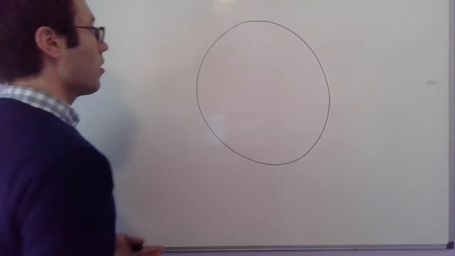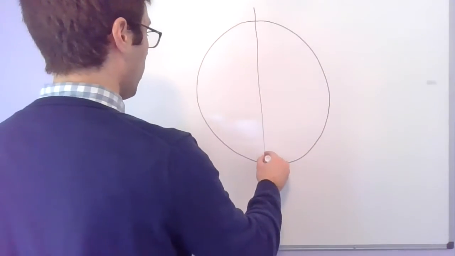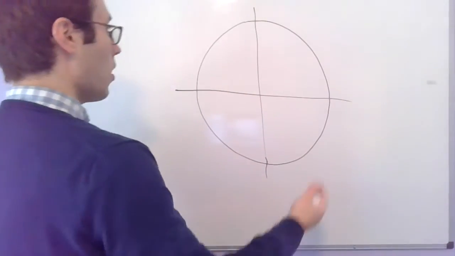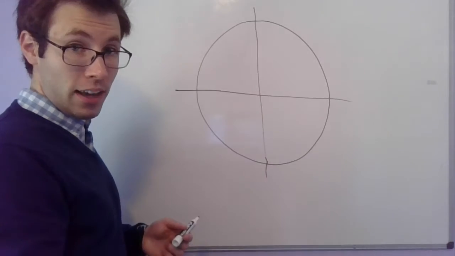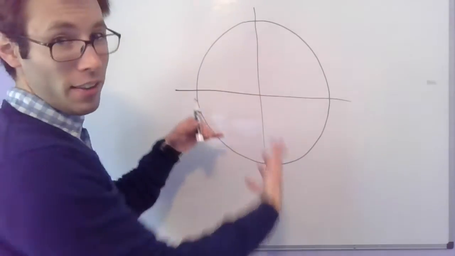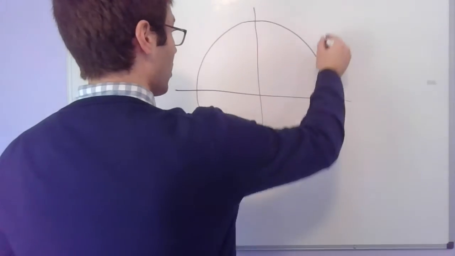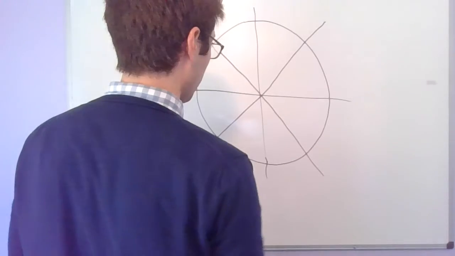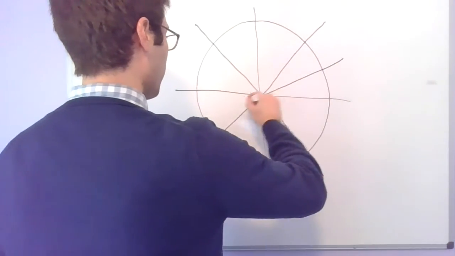Now your unit circle is going to look like a circle. It's going to be centered at 0, 0. When you're going to complete the circle, I'm just going to let you know how to draw this thing first off, what it's going to look like at the end. It's split in half here, and then it's also split in half here.